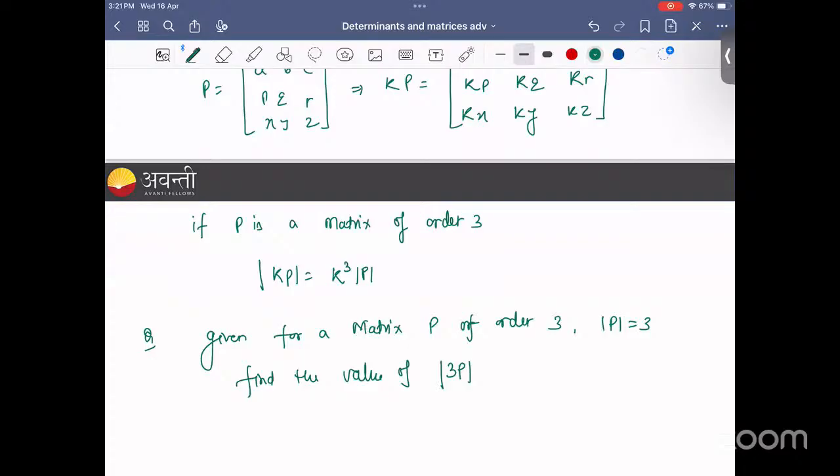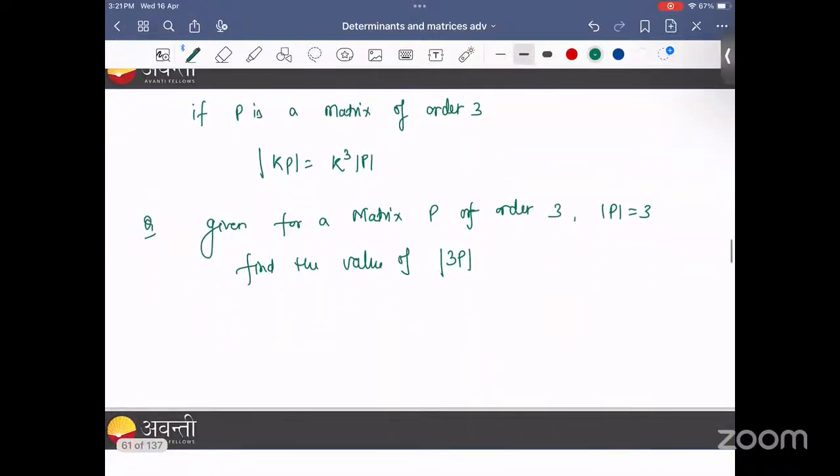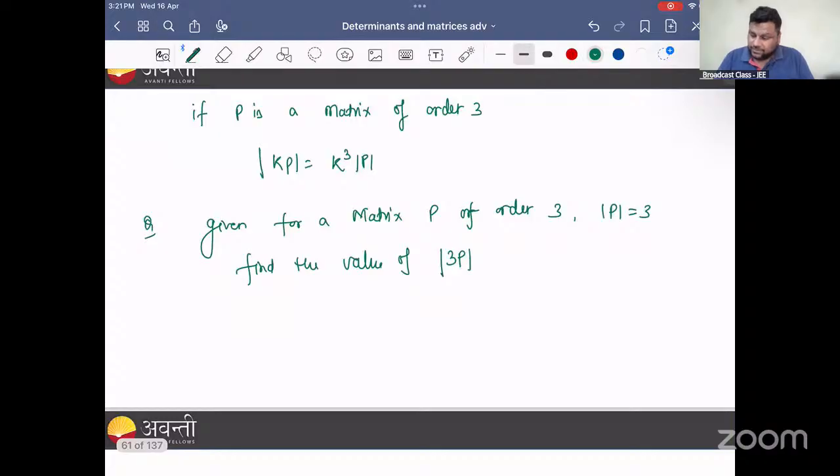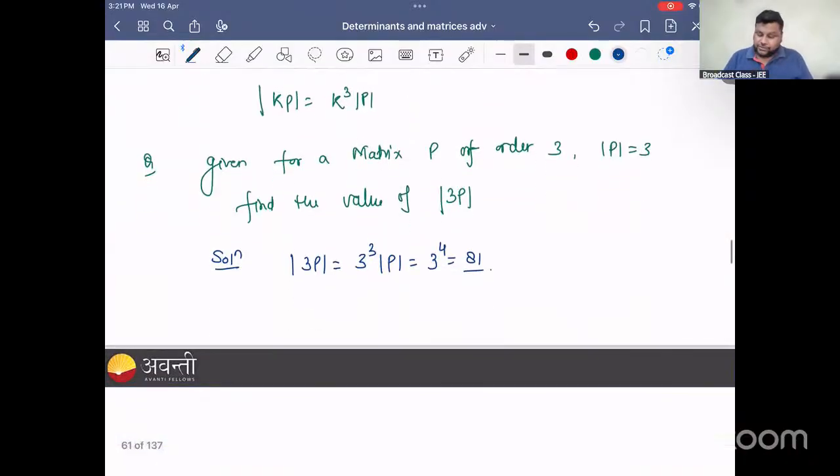Tanush, what are you saying? 27. 81. Yes, sir, it's 81. Determinant of 3P will be 3 cube determinant of P. And determinant of P itself is given to you as 3. So it will be 3 to the power 4, 81. Understood?